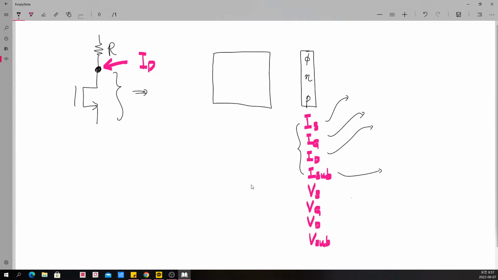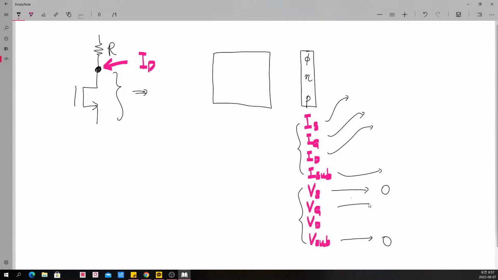But point is, now we have to move to these voltages. In the case of voltage, how can you specify the value of your terminal voltages? So this is quite simple. If that is related with a certain voltage source, then just take that value. For example, source is connected to the ground, then you say this is 0. Substrate is connected to the ground, then you say that is 0.